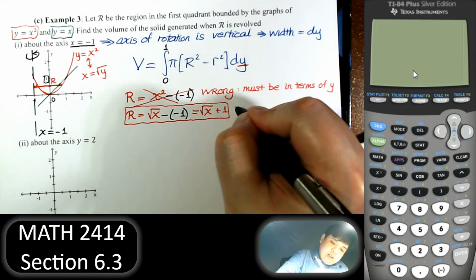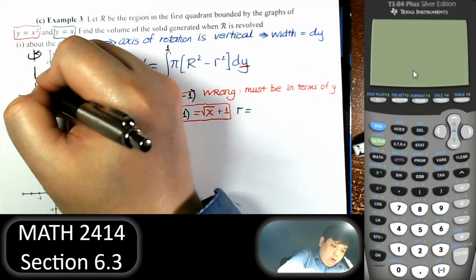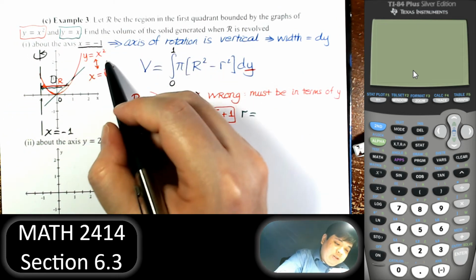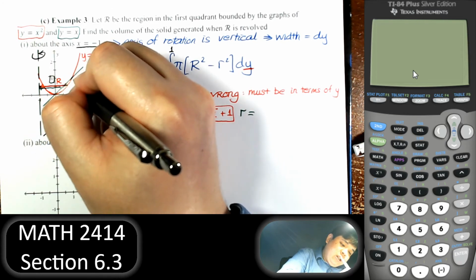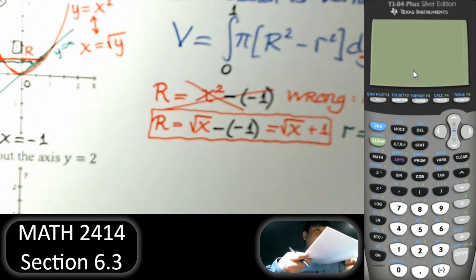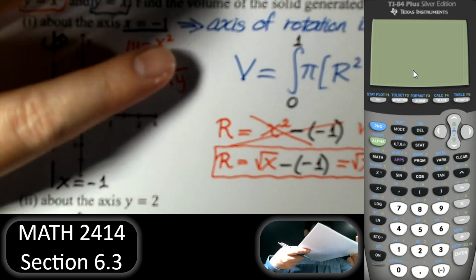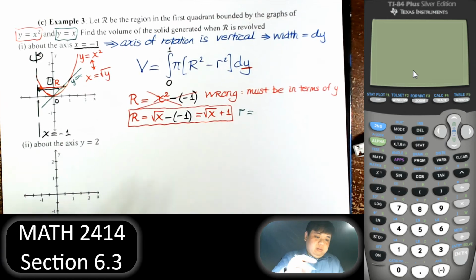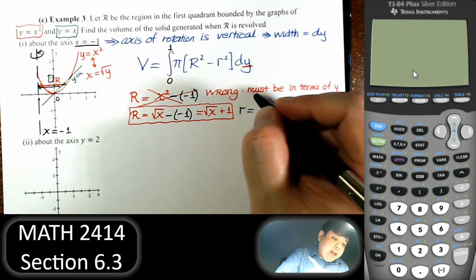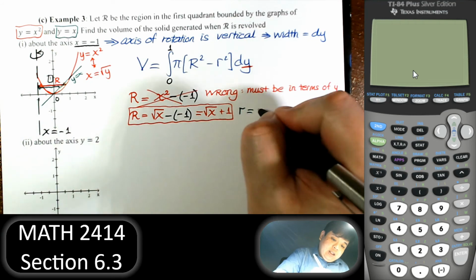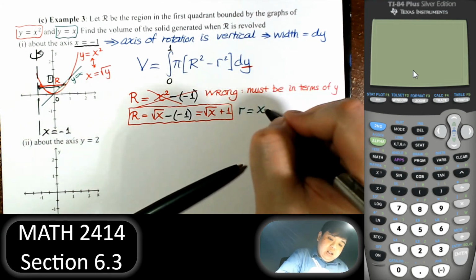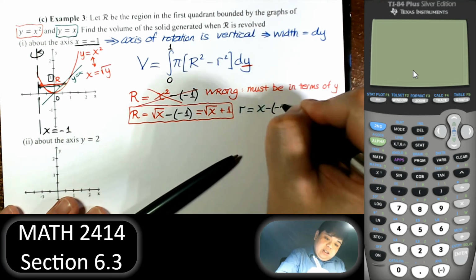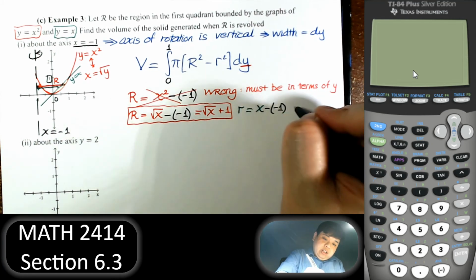How about little r? Little r is from the axis of rotation to the inner edge. The inner edge is given by the line y equals x. Right? So from the axis of rotation, we'll see the line first, and then we'll see the curve later. The little radius is going to be the function on the right minus the function on the left, so this will be just x plus 1.